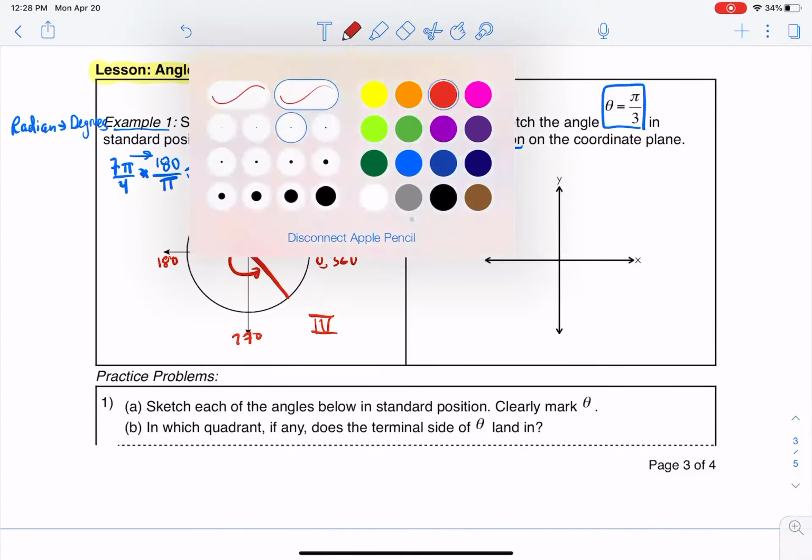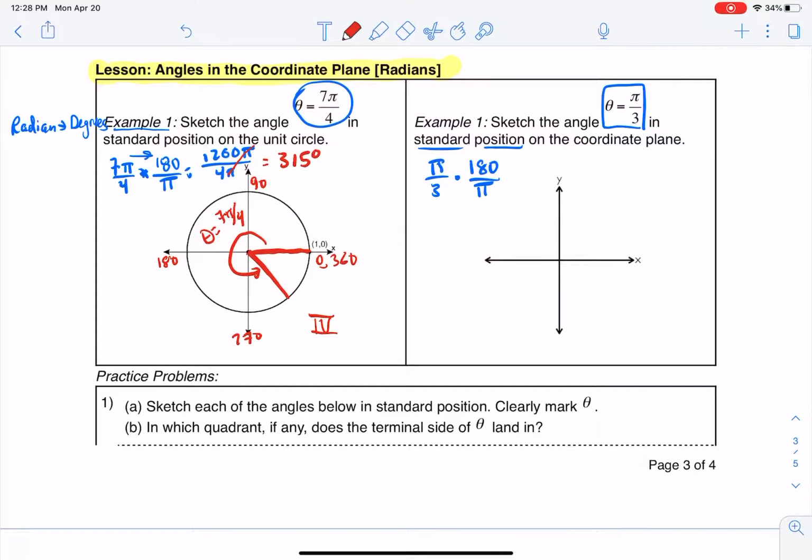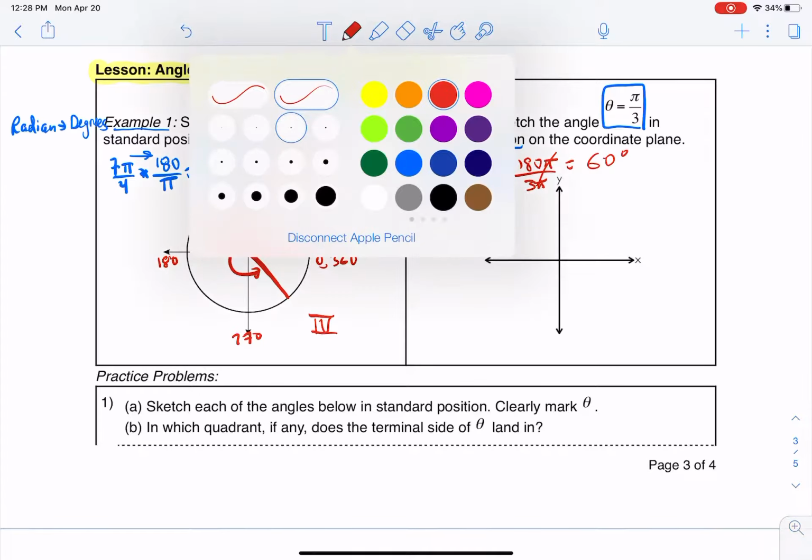All right, now I multiply straight across, and I'll just get 180 pi over 3 pi. Pi's will cancel, and that's a 60-degree angle. So 60 degrees is in quadrant 1.